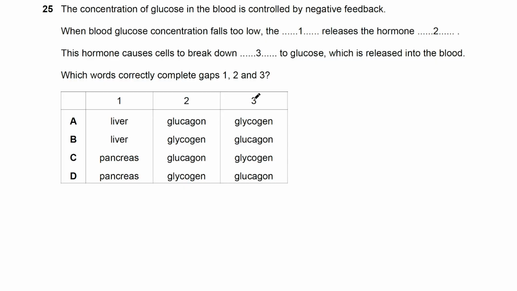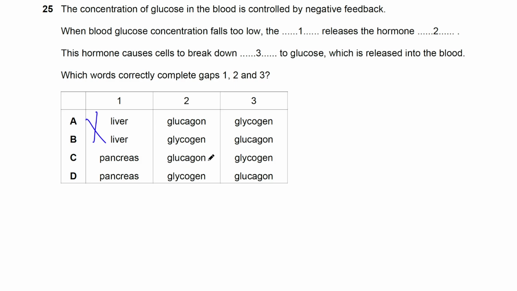Then what will happen? This hormone causes cells to break down what? The glucose that will be released from glycogen. So it will break down the glycogen inside the liver. So let's start. A is liver, B is liver. We will not go for them. Let's think about C and D. From the pancreas, sure, it will be released.